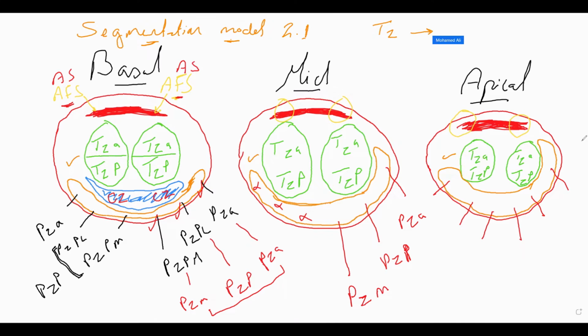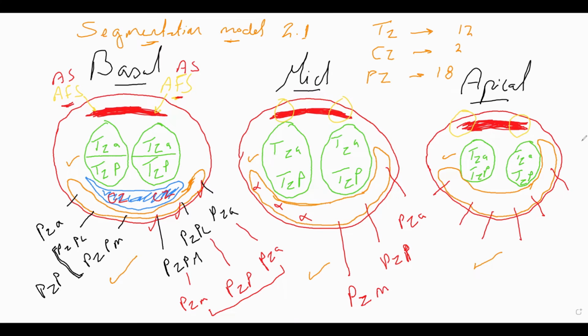So we have in total 12 segments. Regarding the central zone, we have only 2 segments at the basal level, right side and left side. Regarding the peripheral zone, we have 6 segments at the basal level, 6 segments at the mid-level, and 6 segments at the apical level. So we have in total 18 segments.